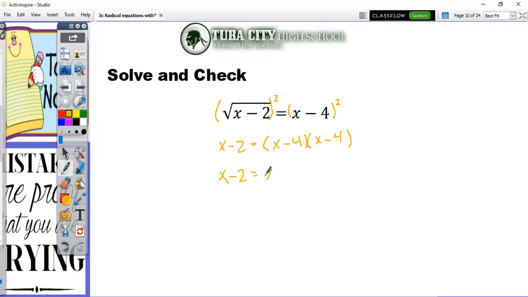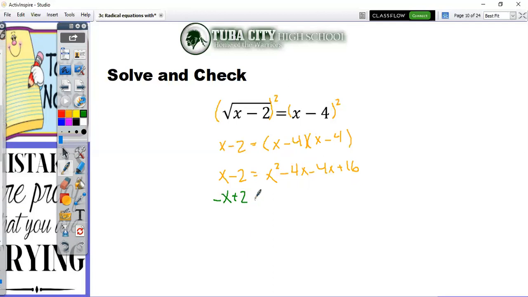So x times x is x squared. And negative 4x, so outside numbers. Inside numbers, also negative 4x. Negative 4 times negative 4 is positive 16. And I end up with a problem where I am going to have to move everything to one side. So minus x.